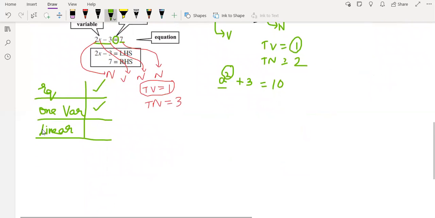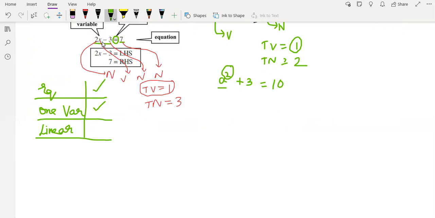Next we have to see whether it's linear or not. So for that only one variable that we have, go to that variable and check its power. Here we can see it is x power 1. If it is x power minus 1 also, it will not become linear. It should be only power 1, not power of 2 or power of 3 or power of minus 1. Only power of 1 is considered linear.